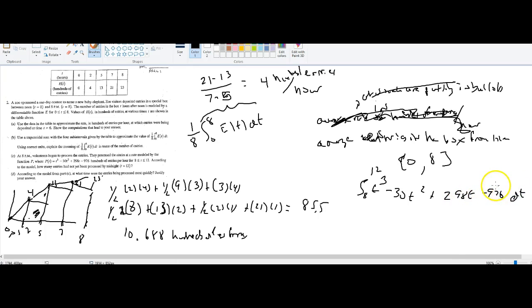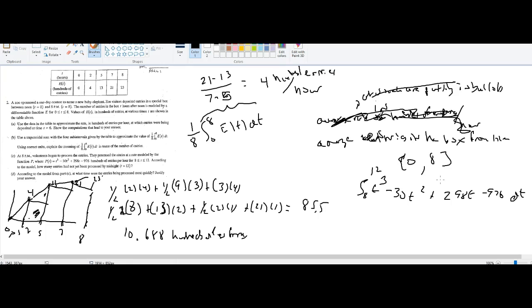They started at 8, right? So I'm going to start my process at 8. And so then I get out my calculator. I'm going to hit Option, Calculator, Integrate. I'm going to type all this in: x caret 3 minus 30x caret 2 plus 298x minus 976.